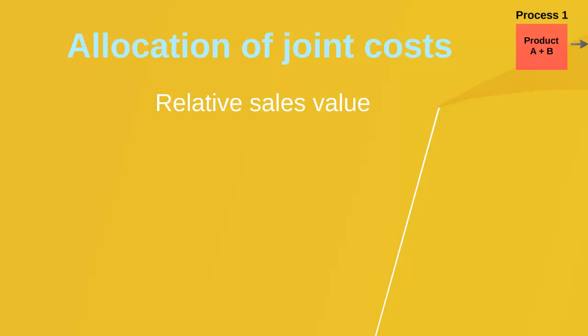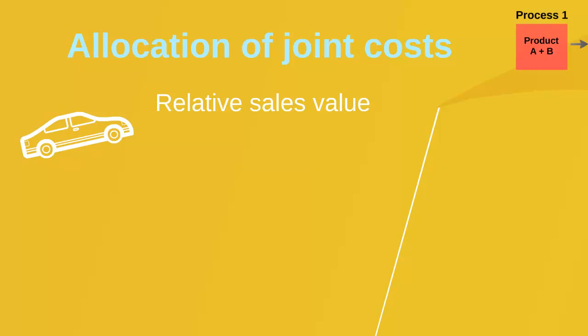So, of course, we're talking about crude oil, we're talking about oil, petrol, diesel, etc. So if, for example, we could sell our petrol for £1 per litre, but we could only sell our diesel for 90 pence per litre, then we would apportion a slightly higher charge to petrol because it would make more money.